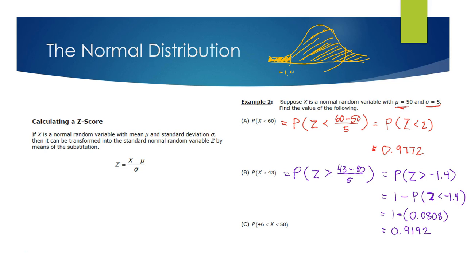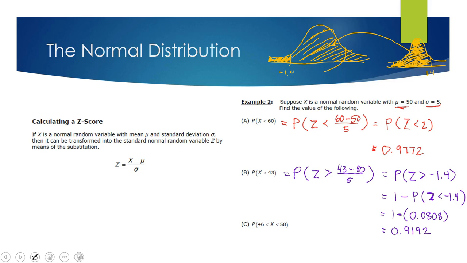The other thing I could keep in mind is that the table does give me a circumstance where I have 1.4 on this side and I get this entire area. The table will actually give me this. And I have to realize that should be the same as this area over here because of the symmetry of this thing. So being less than 1.4 should be the same as being greater than negative 1.4.